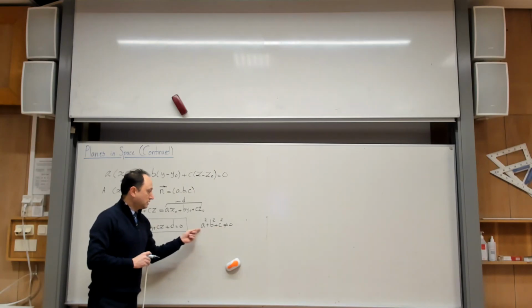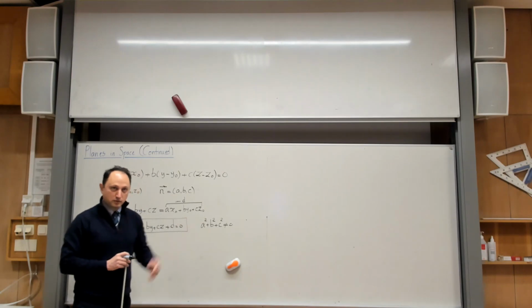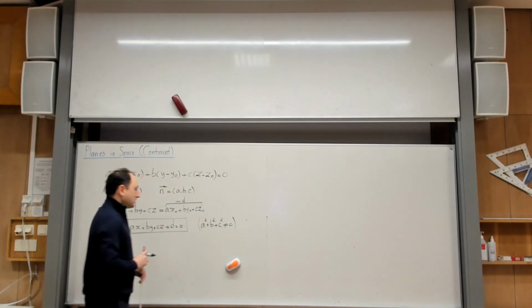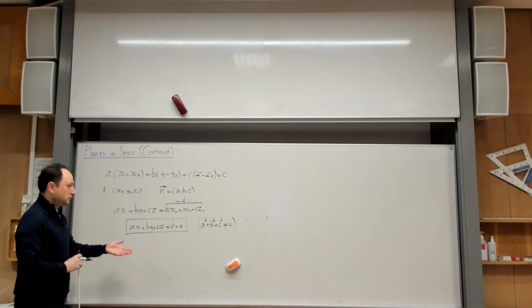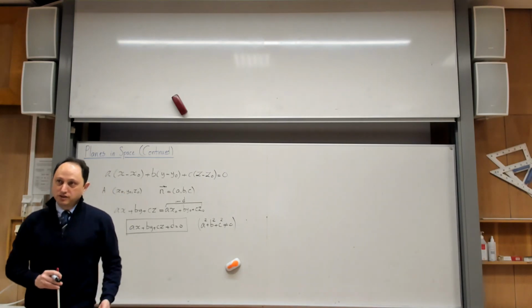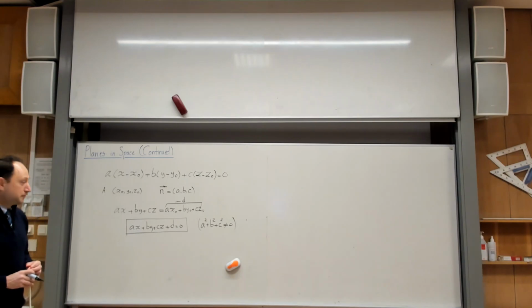If the sum of non-negative numbers is equal to 0, it happens if and only if each one of them is 0. So sometimes in the literature, instead of emphasizing it with English words that at least one of them is not 0, mathematically they write a squared plus b squared plus c squared is not equal to 0, which is equivalent to saying that at least one of them is not 0.